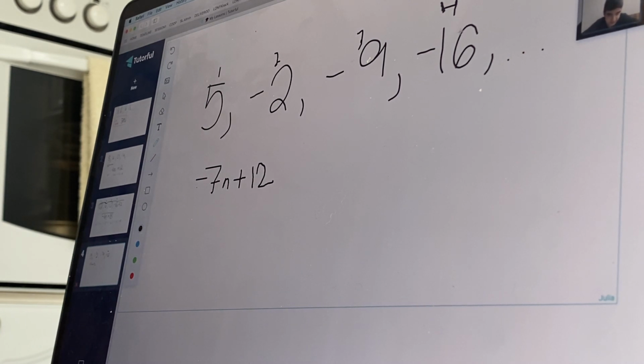Good. Okay, so now if we want to find the 5th term, how would we find the 5th term? Subtract 7 to 16, negative 16. Good. So 23. 23, minus 23, exactly right. Okay, what if we want to find the 10th term? It's going to be negative 7. Negative 7 times 10.